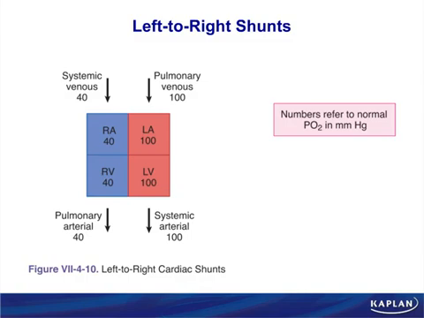But the pressure gradients drive blood flow from left atrium to right atrium, left ventricle to right ventricle, because left atrial pressure is greater than right atrial, and left ventricular is most assuredly way greater than right ventricular. So that's the direction the blood wants to go.